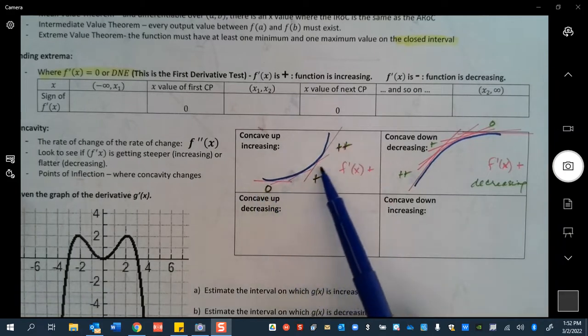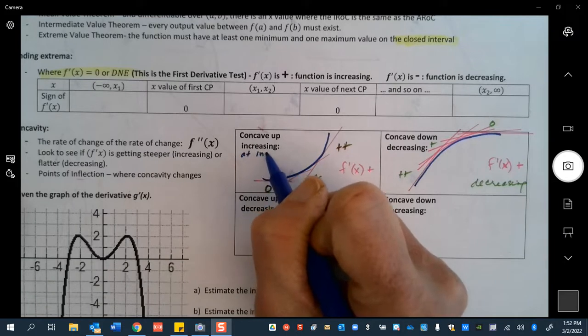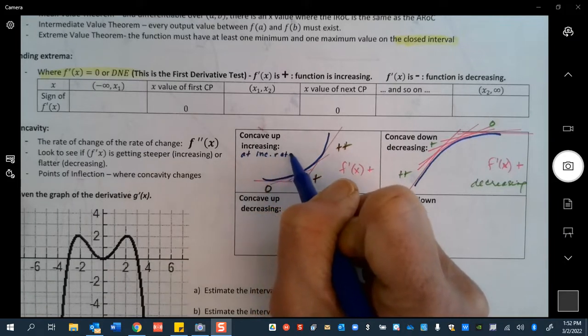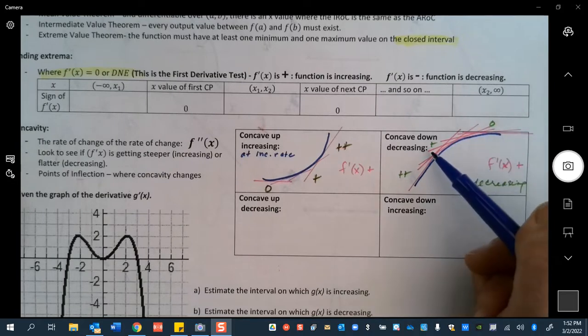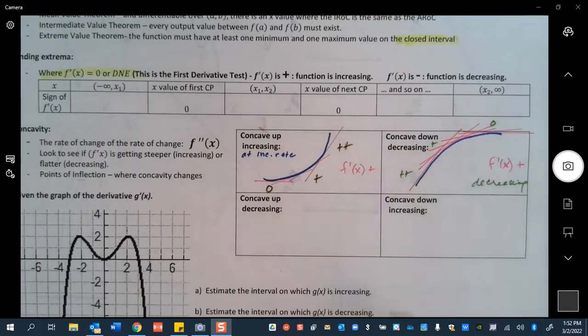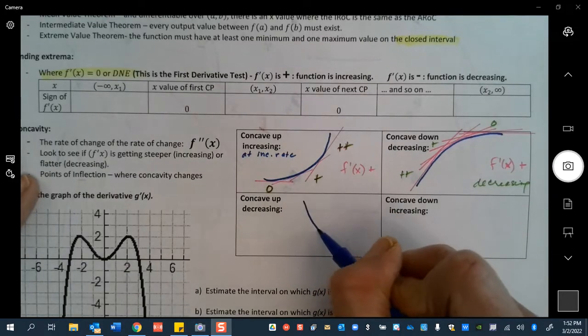I'm increasing at an increasing rate. Here I'm increasing at a decreasing rate. If I have a value that's concave up, but it's decreasing, my graph looks like this.